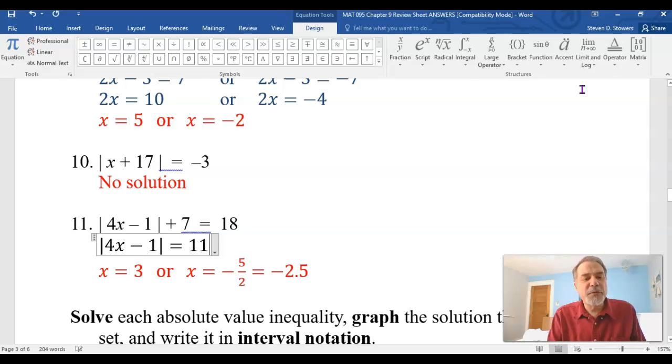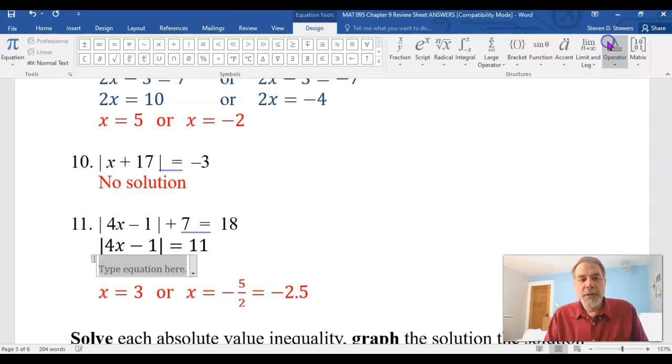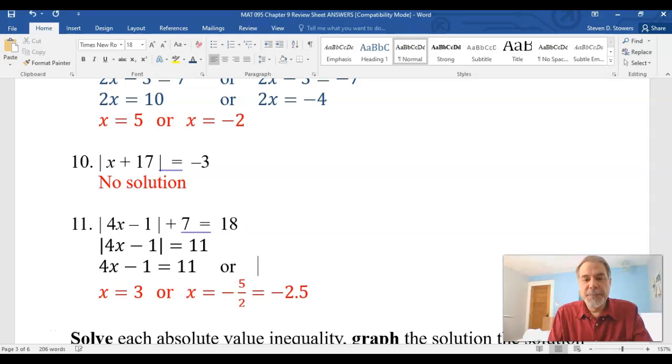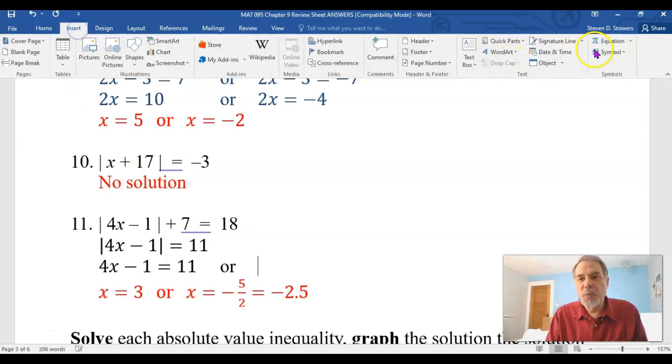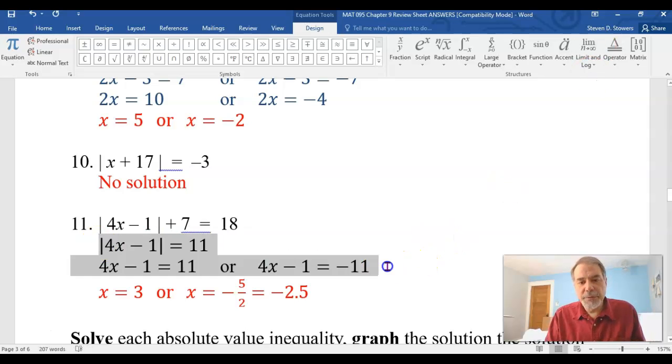Now that we have the absolute value by itself, we can break it up into the two separate equations. 4x minus 1 equals 11, or 4x minus 1 equals negative 11, and then solve each of those.